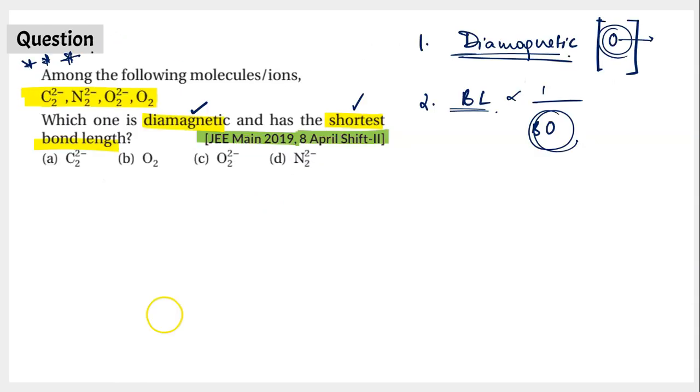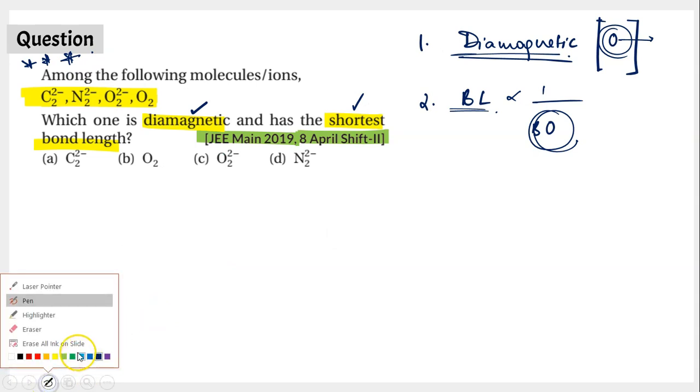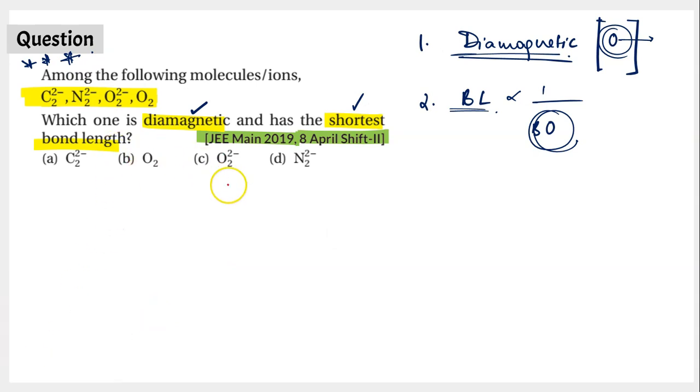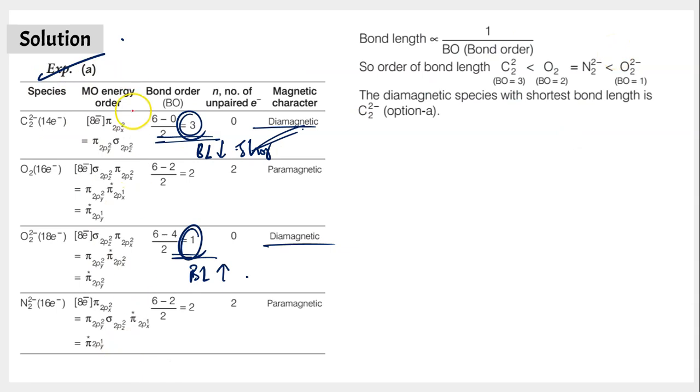To brief whatever we have discussed over here, we are talking about a question which is asking us to identify the molecule which is diamagnetic with shortest bond length among the 4 options given. So a diamagnetic molecule is the one which has 0 unpaired electrons. So we need to look at the molecular orbital diagram or electronic configuration, figure out if you have any unpaired electrons over here.